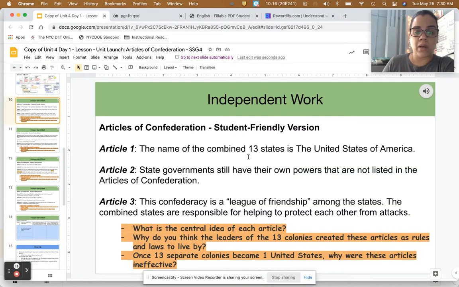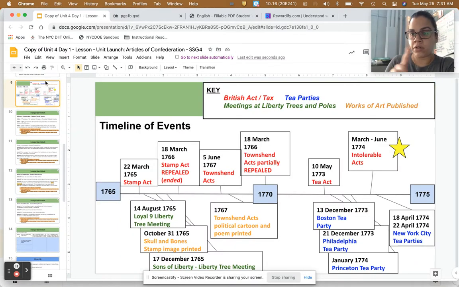So if I'm thinking about all of these articles, right? I'm thinking Article 2 especially. Part of the problem here that led to the American Revolution was that colonies didn't have the power or the rights that they needed to live freely and make the money that they wanted to and use taxes to help their colonists or make laws, right?